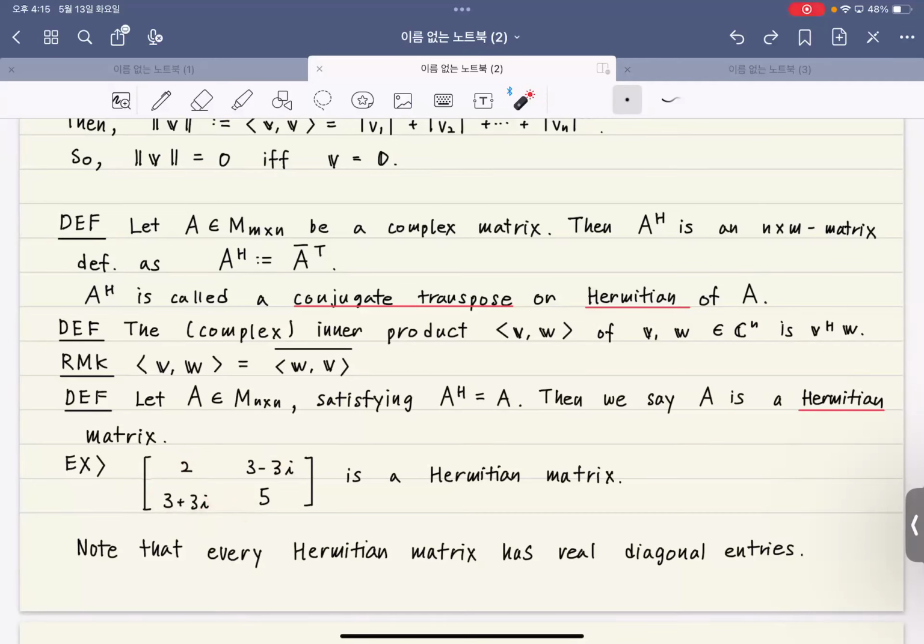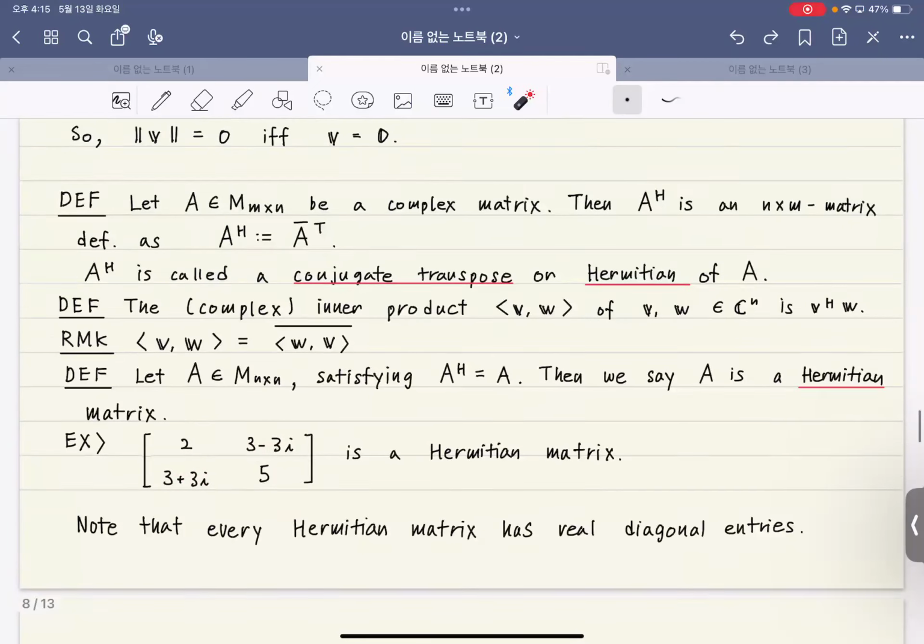There's a very important thing that you will need to know: every Hermitian matrix has real diagonal entries, right? If there are some imaginary numbers involved in the diagonals, then it cannot be a Hermitian matrix. And these off-diagonal entries are complex conjugates of each other.